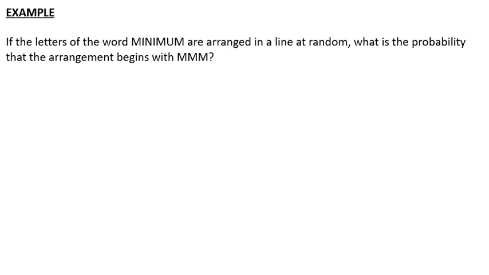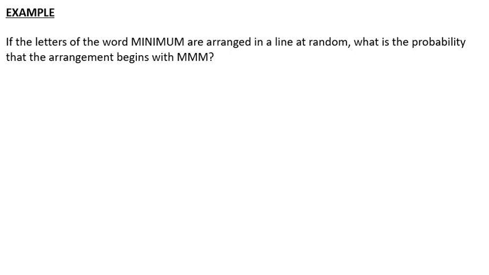Now, for the probability type questions, I suggest working out the number in your sample space first. So looking at the arrangements without any special conditions, without looking at any particular event, just working out the number of arrangements to begin with.